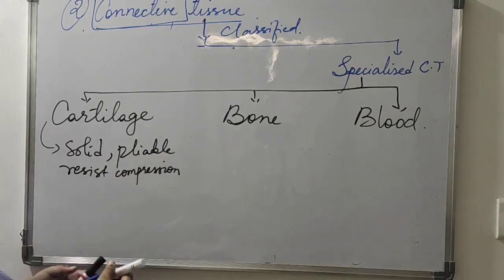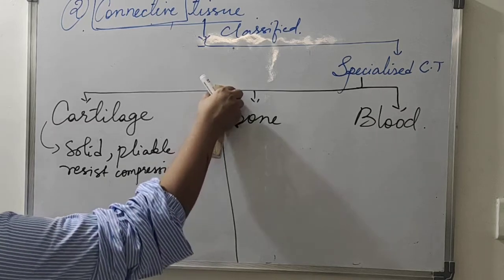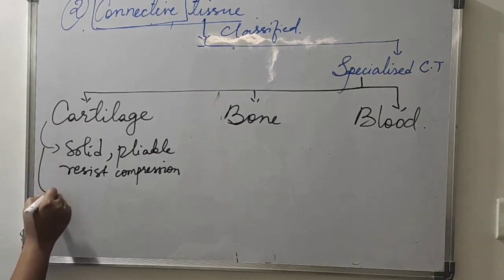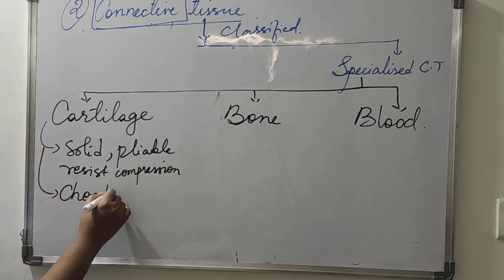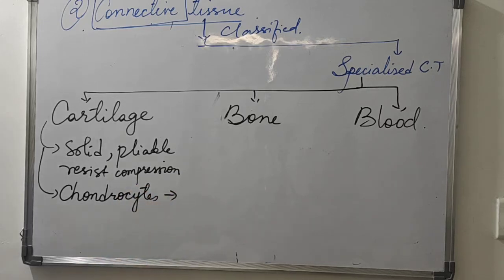Whereas bones, we'll come to bones later. We'll see the other characteristics of cartilage. The cells of cartilage are known as chondrocytes, and these cells are present inside a small cavity.